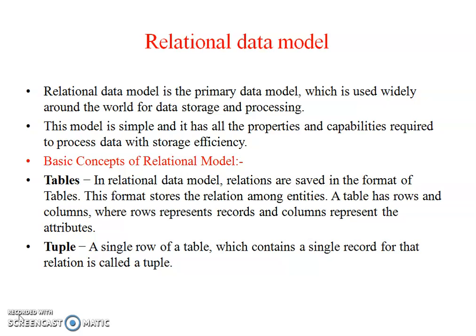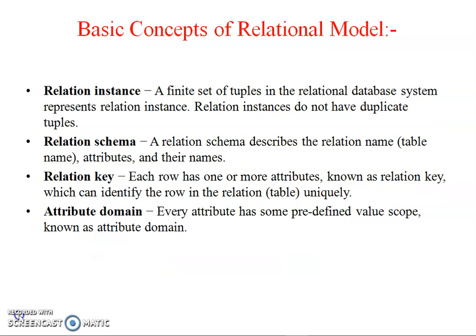A tuple is an ordered set of attribute values. Next one is relation instance. A finite set of tuples in a relational database system is used to represent a relation instance, and a relation instance does not have duplicate tuples.